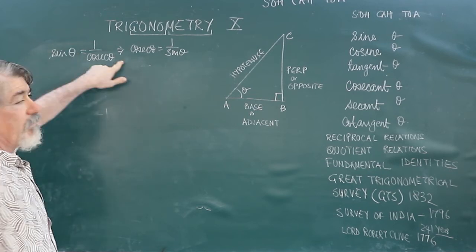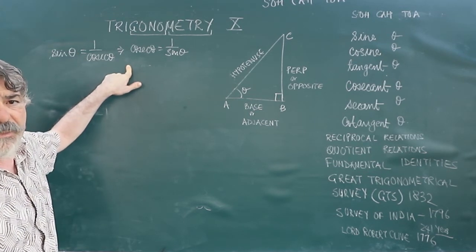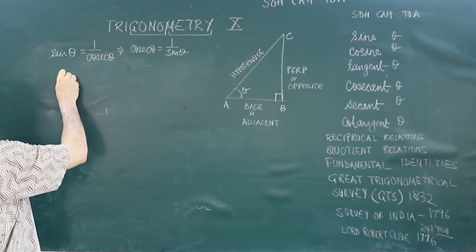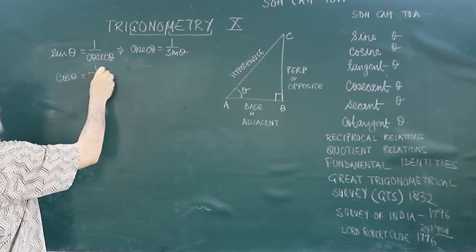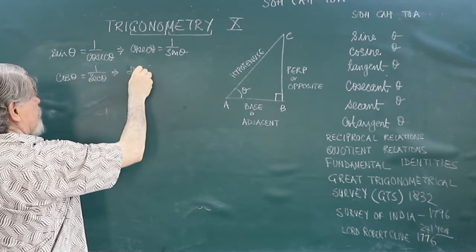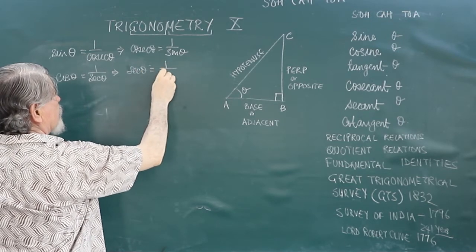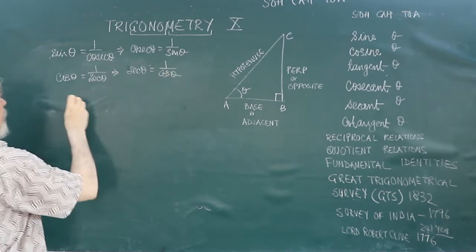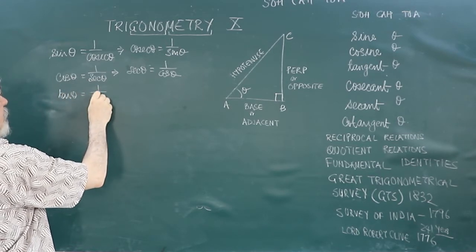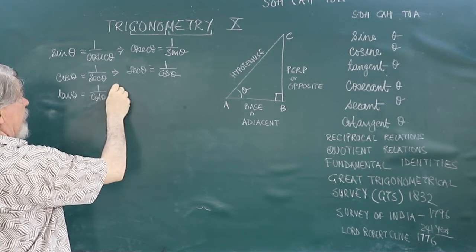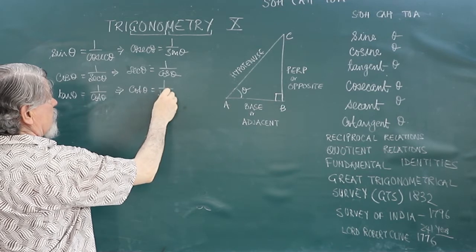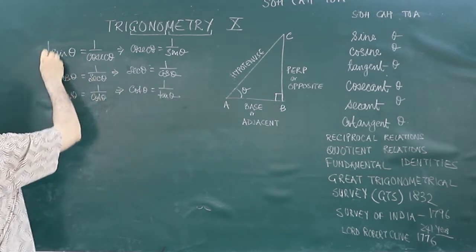I have taken cosec here and brought sine; in ratios we can do that. Then I have cos theta as 1 upon sec theta, or sec theta can be 1 upon cos theta. Then I have tan theta as 1 upon cot theta, or cot theta is 1 upon tan theta.